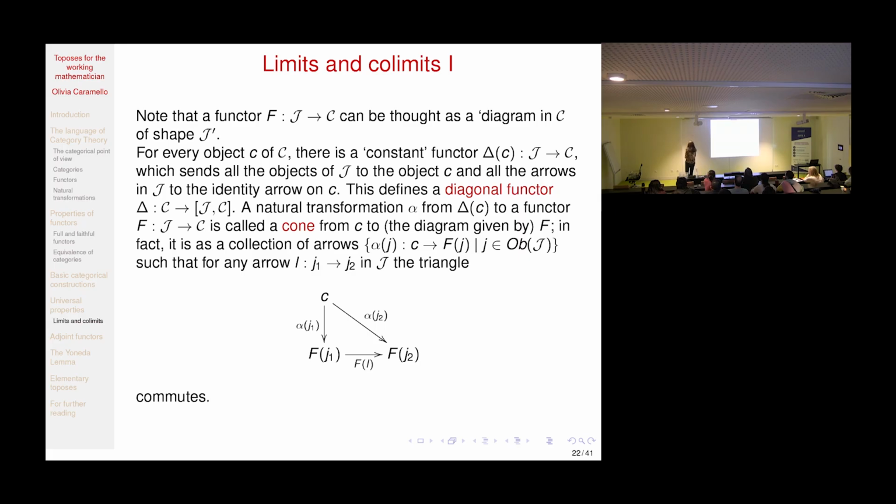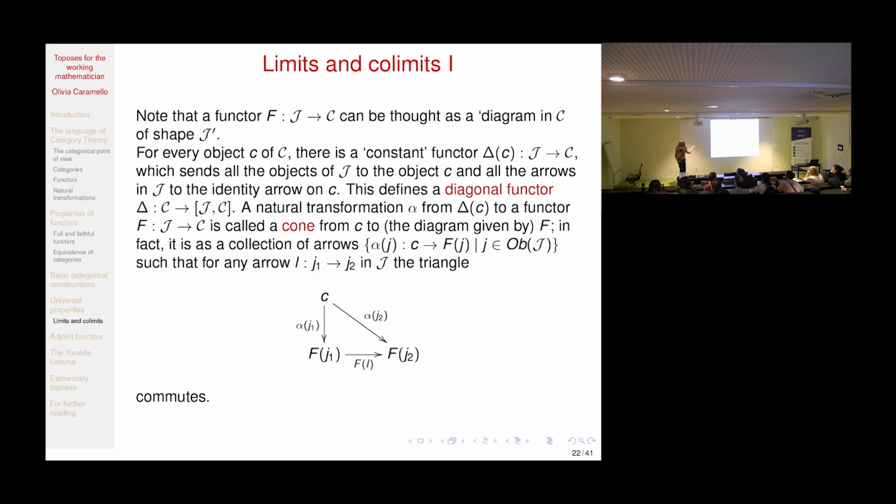So for instance, if you want to consider two objects in a category without any relation between them, what you take is the category consisting of two objects and only the identity arrows on them. So it is the discrete category on a two-element set. And you see that if we take J to be this category here, of course, the datum of two objects in C is the same thing as a functor from J to C.